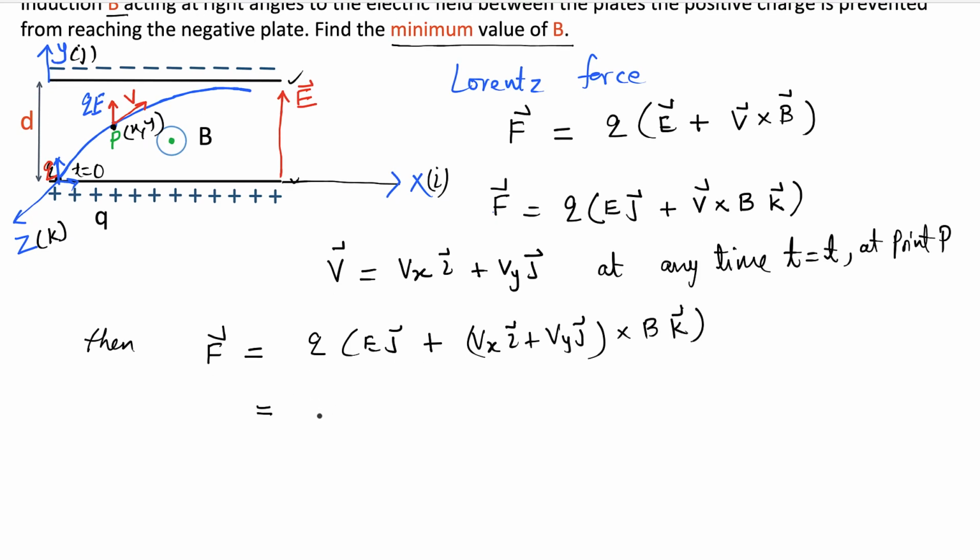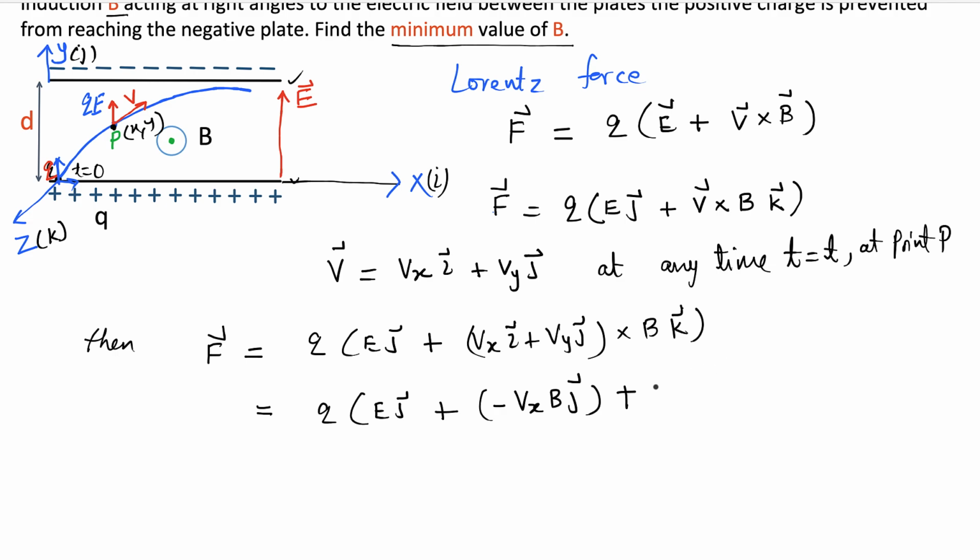So this is q(E j plus Vx i cross k B). What is i cross k? i cross k is nothing but minus j. So minus Vx B j, plus Vy j cross B k.